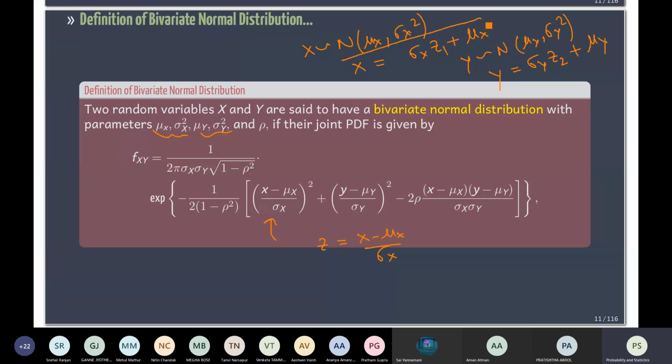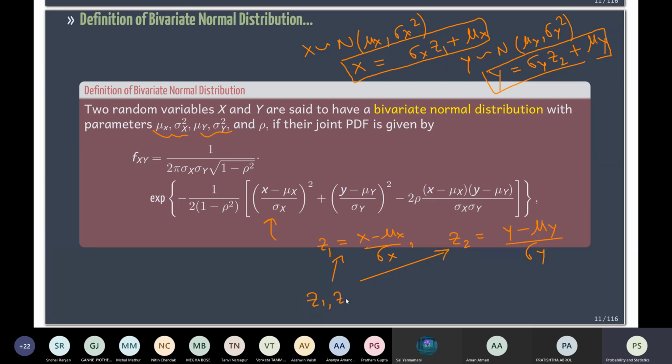So I can fall back on the standard normal, and then I solve for those. If I solve for those, then I get z1 to be this, and z2 to be y minus mu y by sigma y. Now z1 and z2 are standard normal.